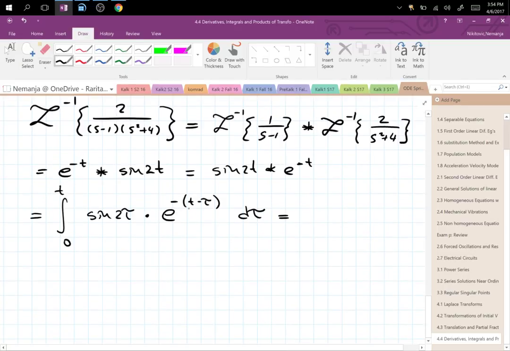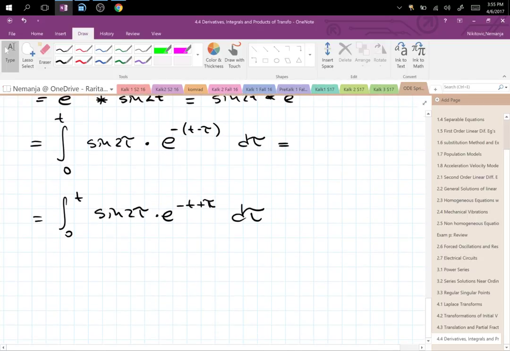Now I can apply the minus and get integral 0 to t sine 2 tau times e to the t minus tau d tau. But then this e to the t is a constant, right?